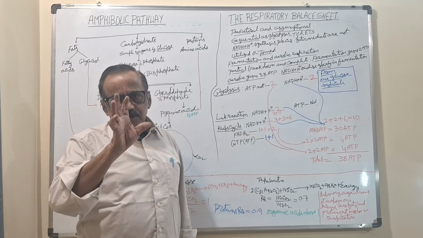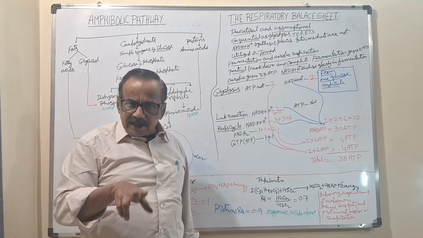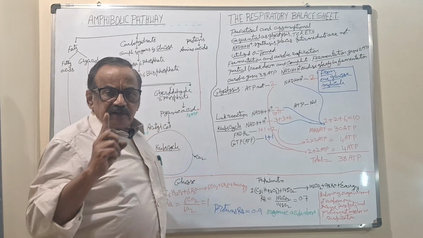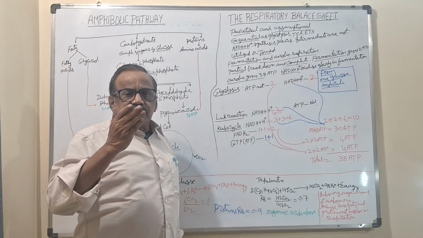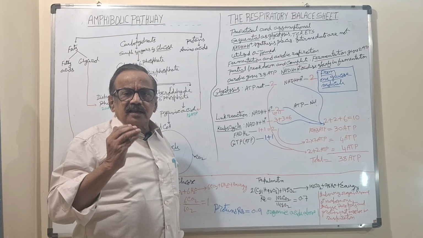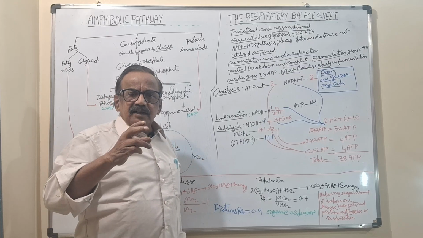6 are produced by substrate level phosphorylation, but in glycolysis 2 are consumed, so 2 are the net, and 1 NADH plus H plus will be produced when glyceraldehyde 3-phosphate is converting into bisphosphoglyceric acid.